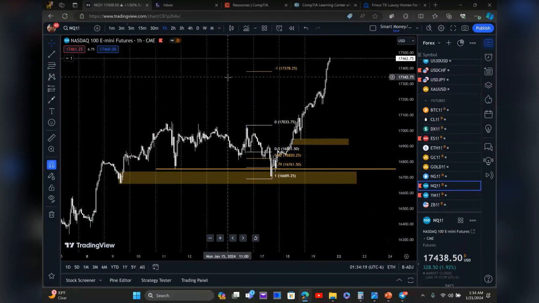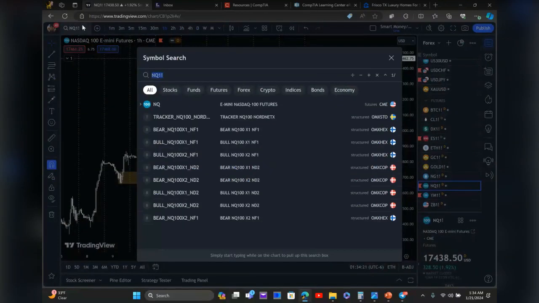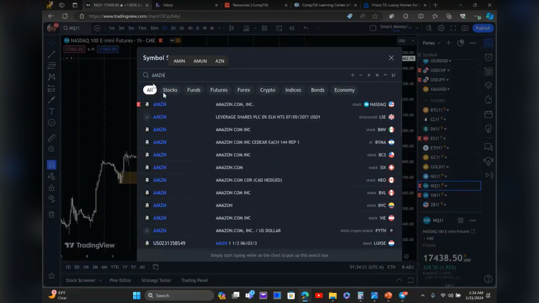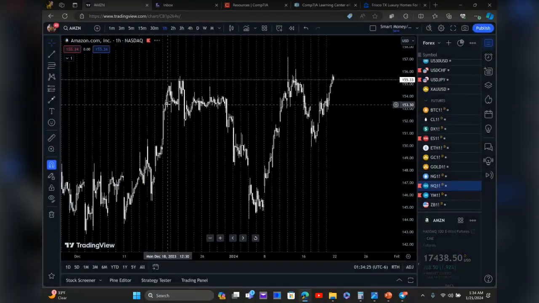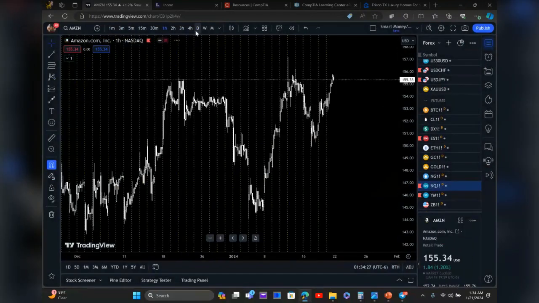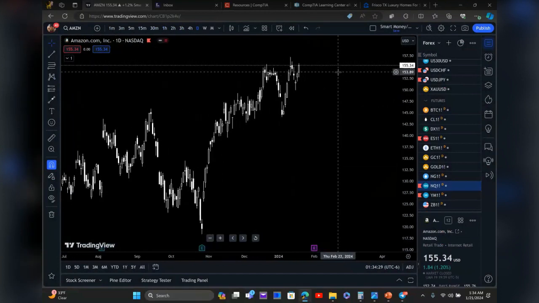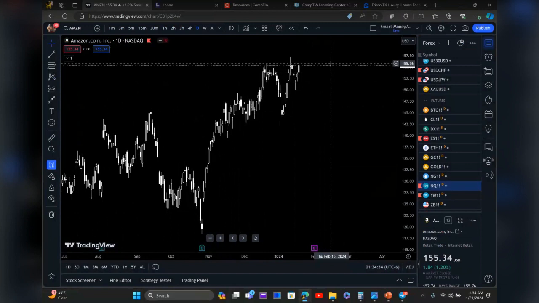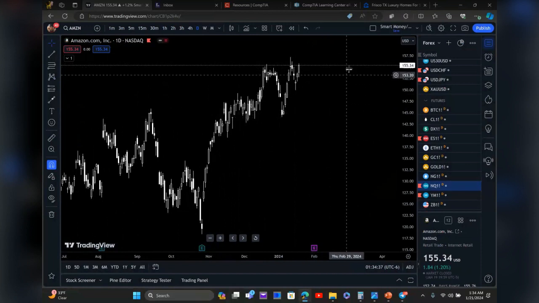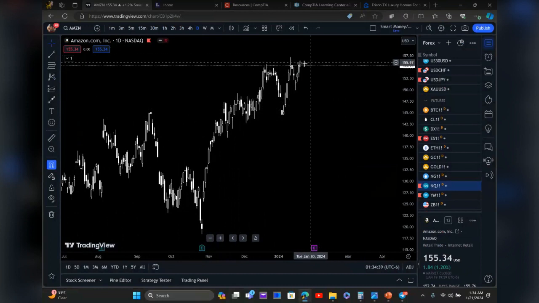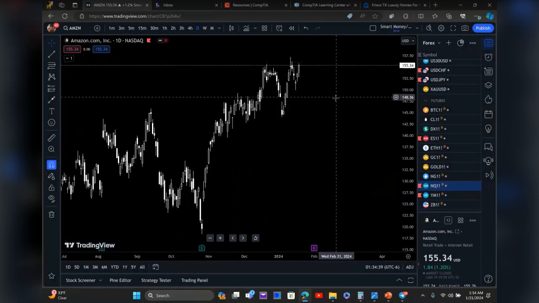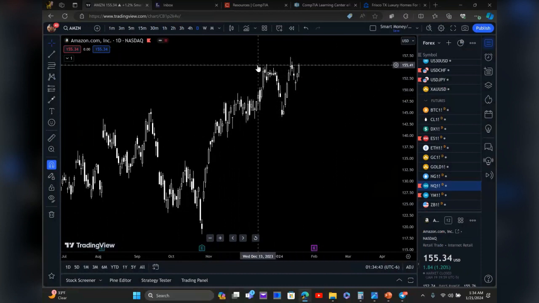Now I have a few stocks I would like to look at. Amazon, AMZN. Okay, let's look at Amazon on the daily. So Amazon on the daily, what I'm seeing is Amazon as bullish, right? But looking at Amazon, it looks like it might have a drop coming. See how we took out this liquidity right here?